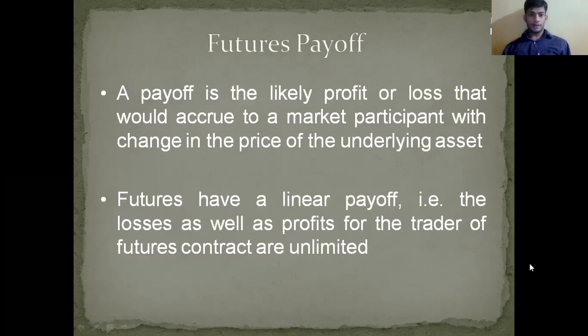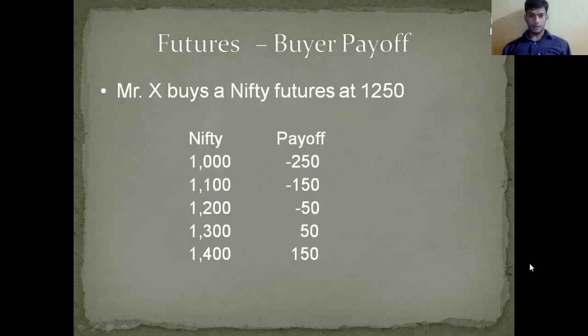Future payoff. A payoff is the likely profit or loss that would accrue to a market participant with change in the price of the underlying asset. Futures have a linear payoff, that is, the losses as well as profits of a futures contract are unlimited. Who is the future buyer? Mr. X buys the Nifty future at 1250. If Nifty at expiry is 1000 rupees, then payoff is -250.